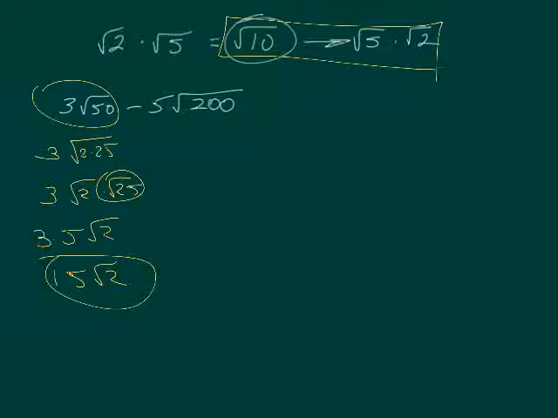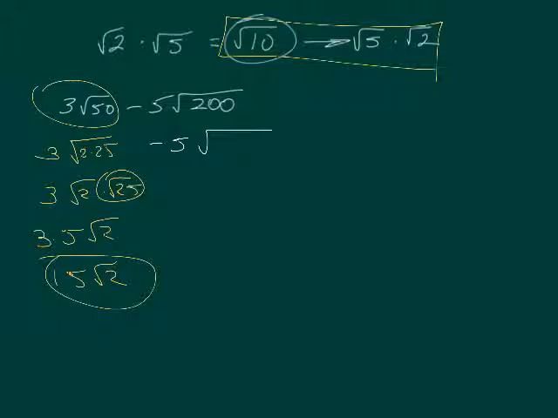Now let's do the same thing with this next one, and we'll do this in white. Square root of 200 can be written as 20 times 10, 50 times 4, 100 times 2, 25 times 8.